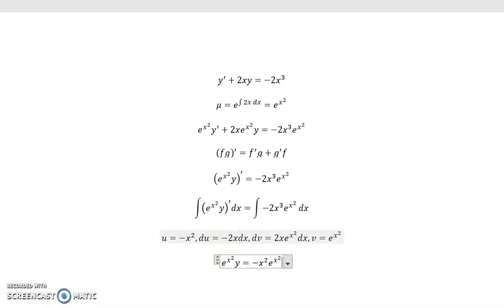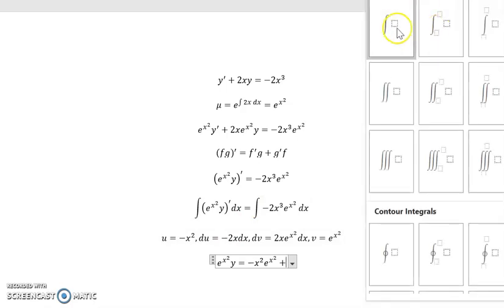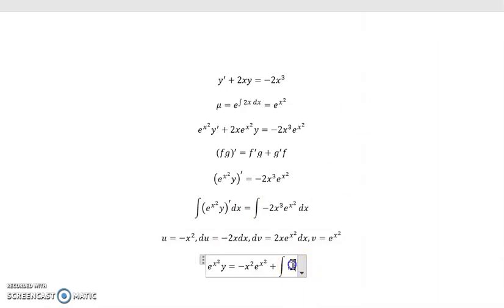So minus minus becomes a plus, and then the integral of 2x e to the x squared dx. So we're not quite done.